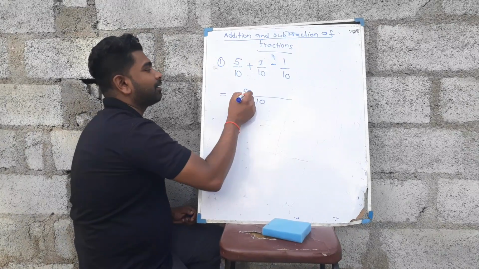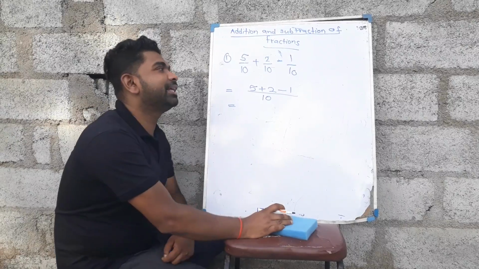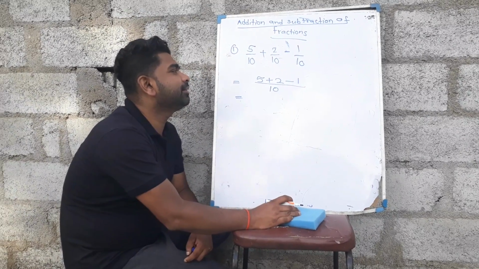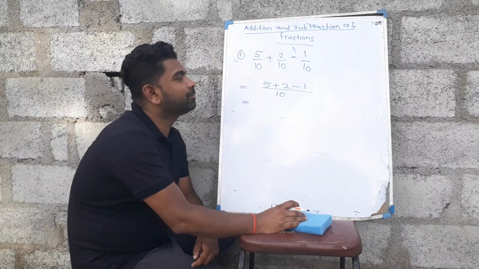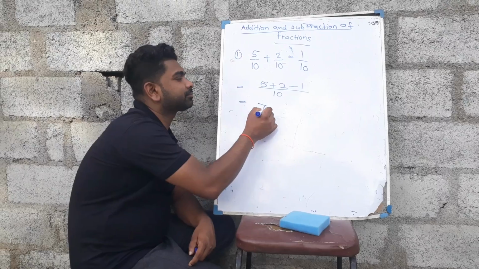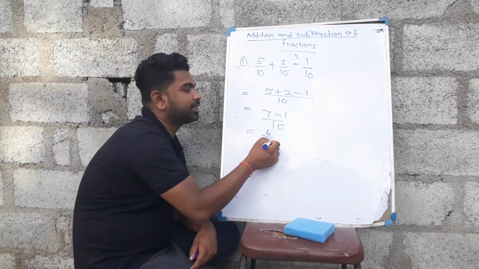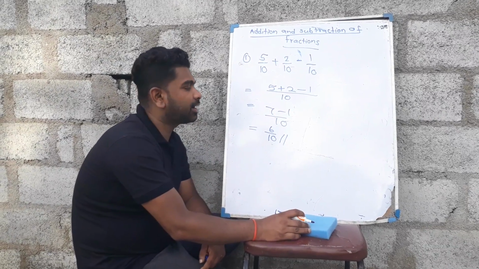Then here 5 plus 2 minus 1. If there is a common denominator, you can quickly calculate the given numerators. So 5 plus 2 is 7, 7 minus 1 is 6. So this is the answer.